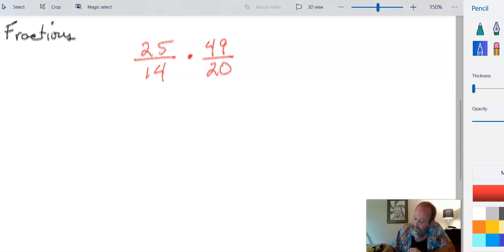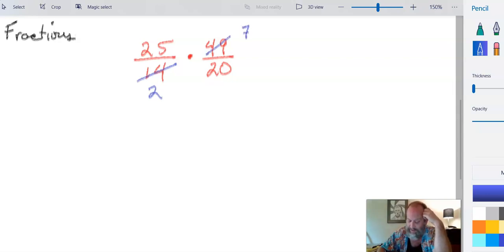Okay, so let's go ahead and take a look at our solution. Now, I'm going to go ahead and cancel these things out ahead of time, but you should get the same answer no matter which way you did it. So again, I'm looking for any common factors between numerators and denominators. I notice right away 14 and 49 have a common factor of 7. So if I divide that by 7, I get 2.